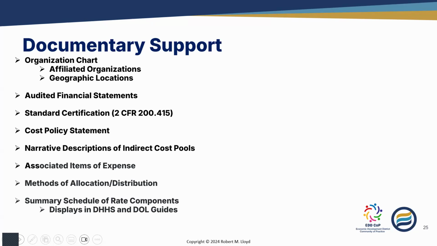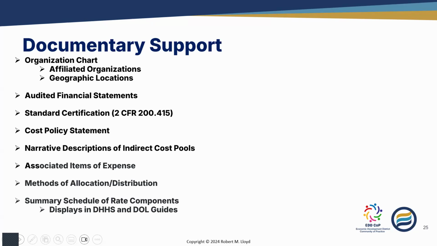What is different here, however, is that the standard certification that must be published is one that has to be signed by the chief executive officer or chief financial officer of the organization, stating that the indirect costs that are included are allowable and are being distributed in accordance with the procedures established in 2 CFR 200.